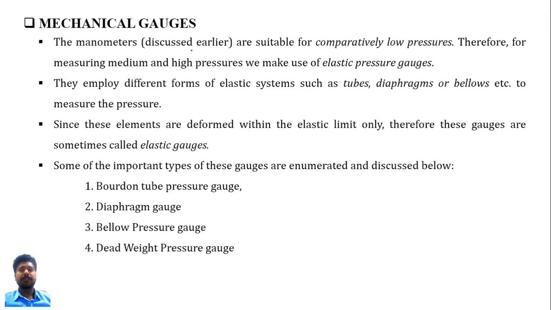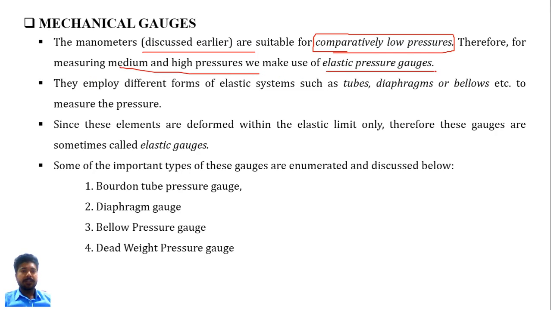The manometers, which were already discussed earlier, are suitable for comparatively low pressures. Therefore, for measuring medium and higher pressures, elastic pressure gauges are used. They employ different forms of elastic systems such as tubes, diaphragms and bellows to measure the pressures.